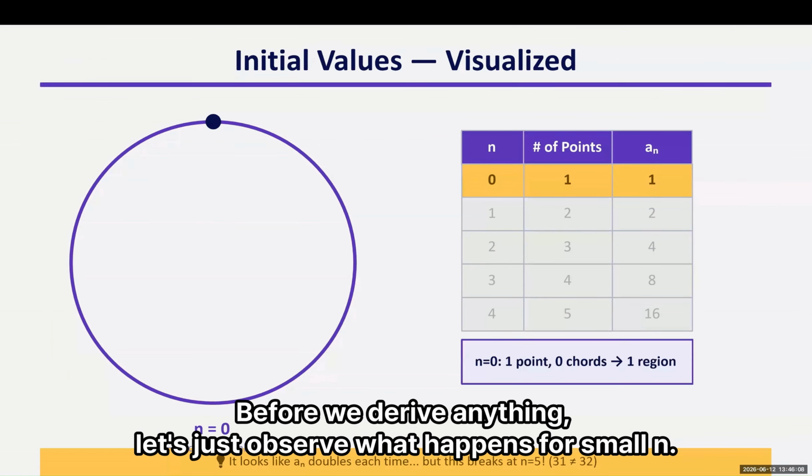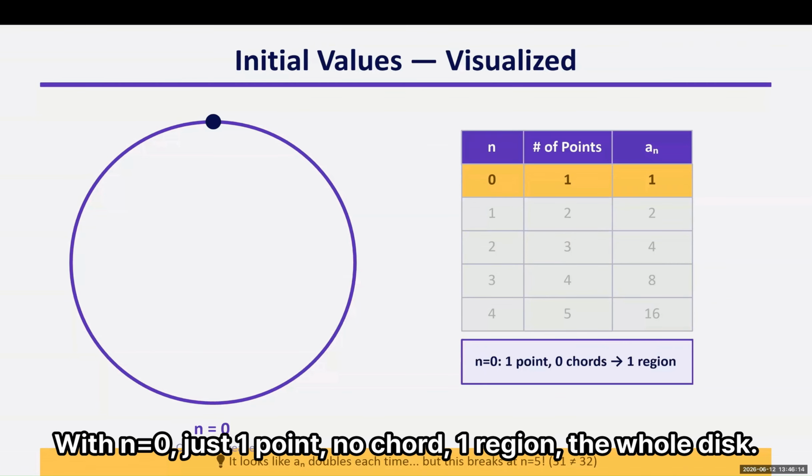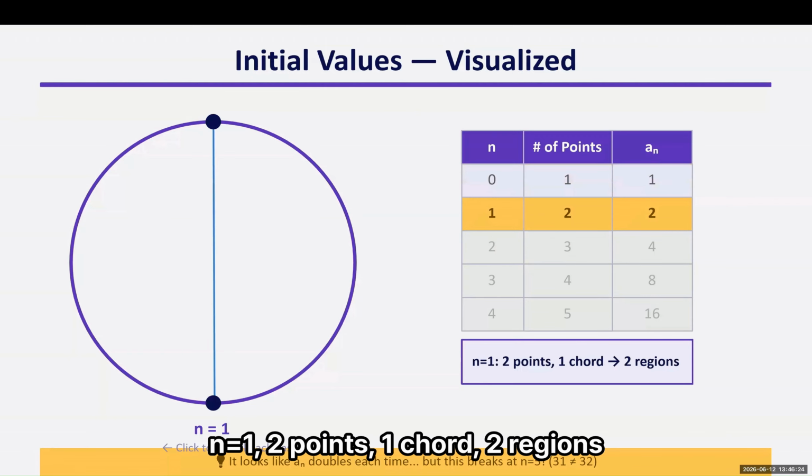Before we derive anything, let's just observe what happens for small n. With n is equal to 0, just 1 point, no chord, 1 region, the whole disk. N is equal to 1, 2 points, 1 chord, 2 regions.